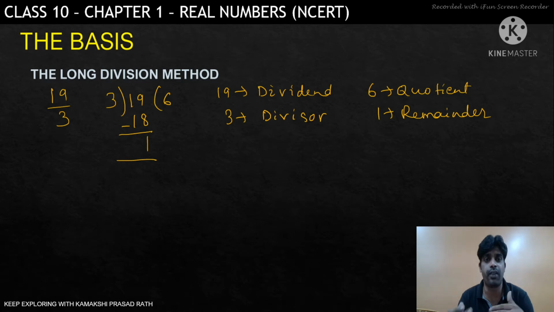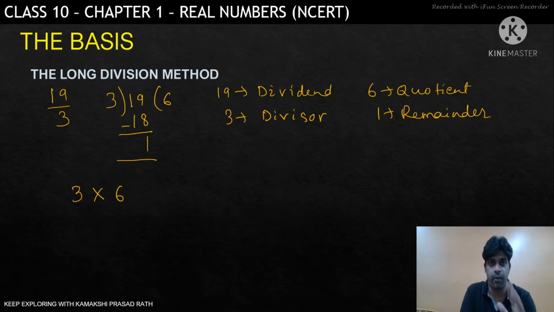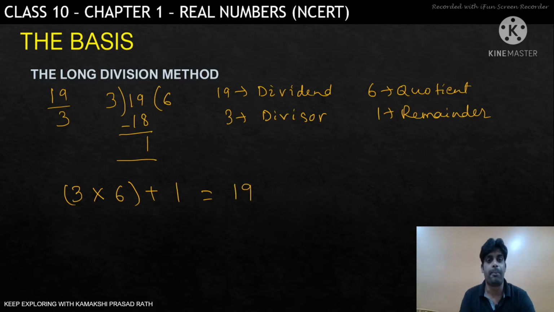Now, whenever we do a division, there was a way to verify whether our division is correct or not. We used to follow one formula: we multiply the divisor and the quotient and add the remainder. Whenever we did that, we always got the dividend.